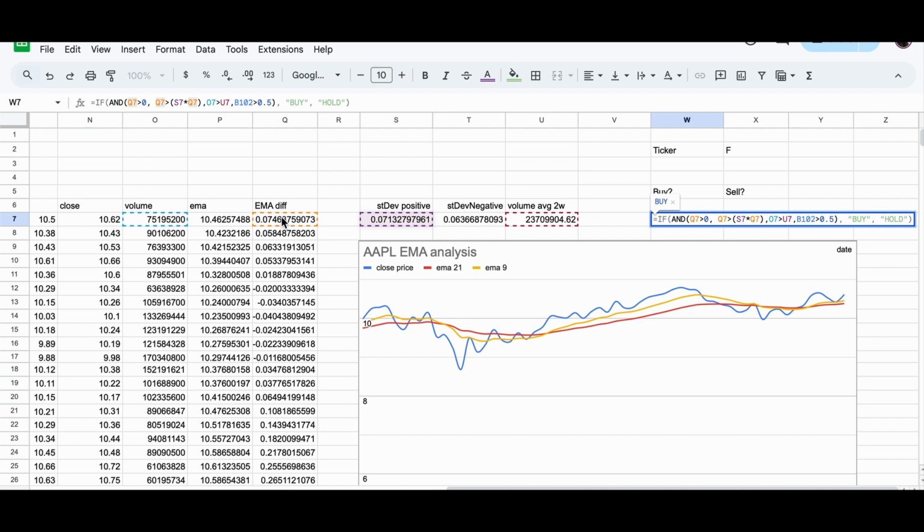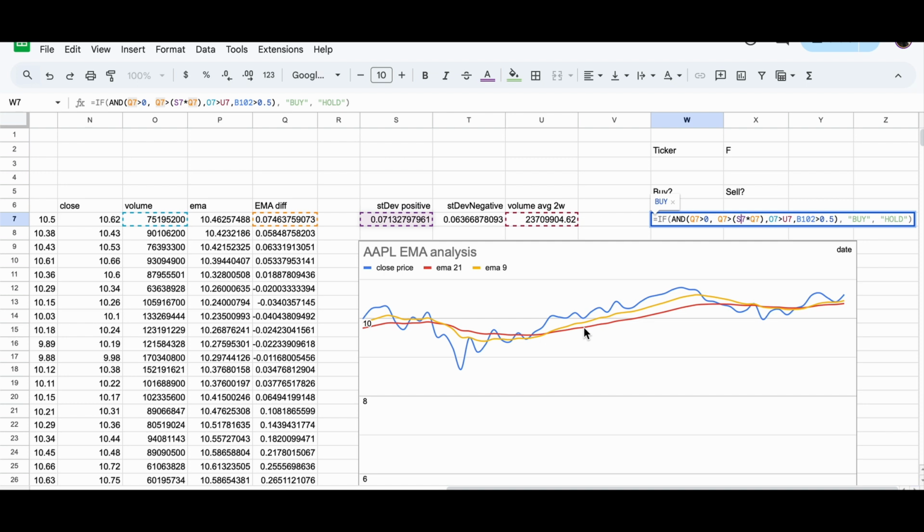If this yellow line is crossing the red line, you may say, okay, but that doesn't necessarily indicate a strong trend. But if it is crossing this red line upwards, and the difference between the yellow line and the red line is getting larger, that means that the upside trend is getting stronger.